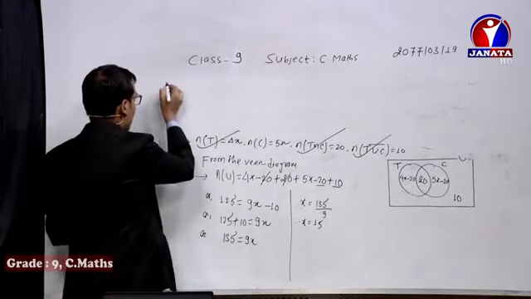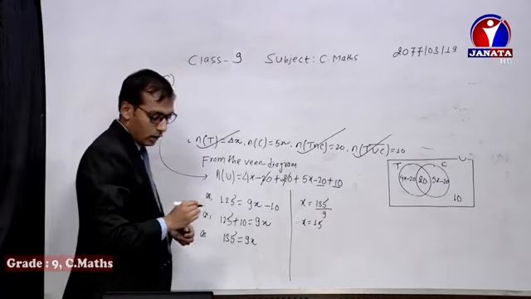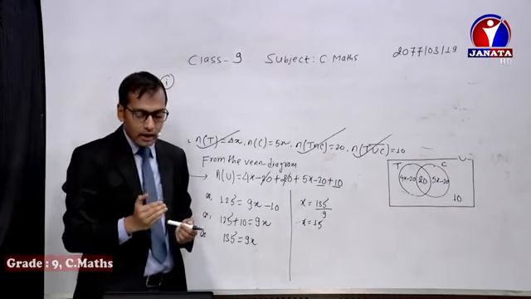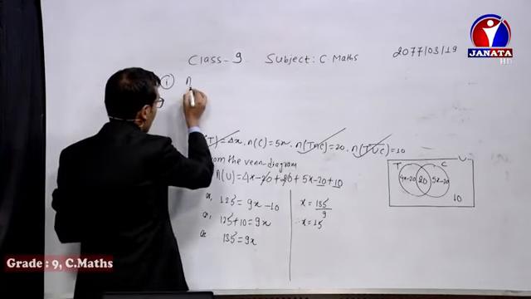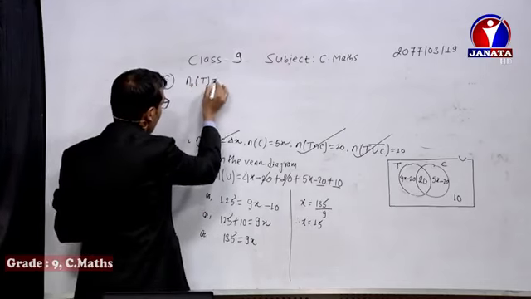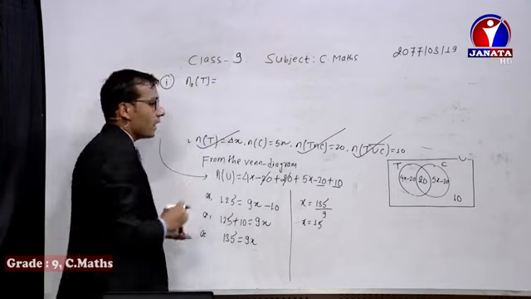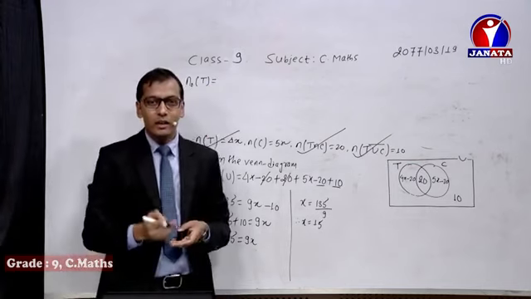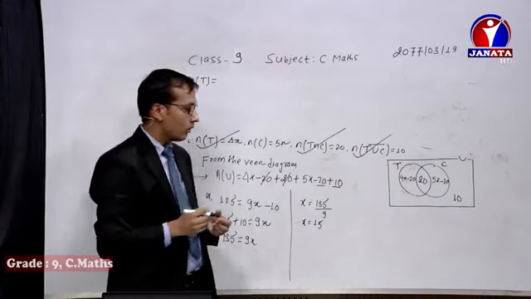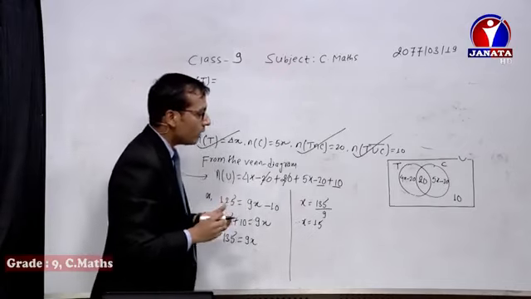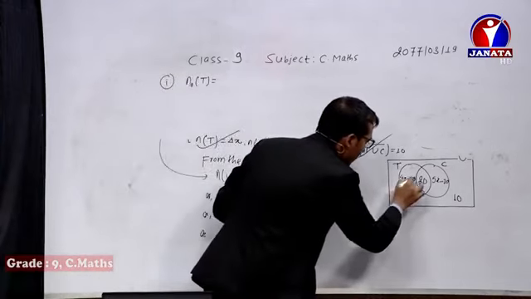Here the first question we are asked to solve is, how many of them like only t? What is n only t? So n only t is equal to, we don't need to use any formula for this. We can simply look at the diagram and find what n only t is. So n only t is 4x minus 20.